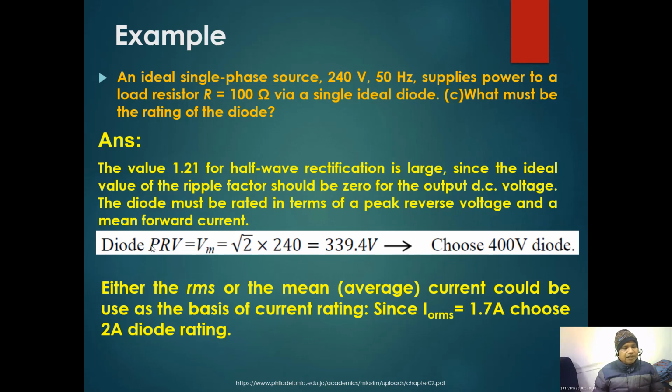And the peak reverse voltage, or Vm, is nothing but root 2 into 240, which is 339 volt. So we choose the current as 1.7 ampere, around 2 ampere diode rating current, and we choose 400 volt, which is the rating of the rectifier circuit.